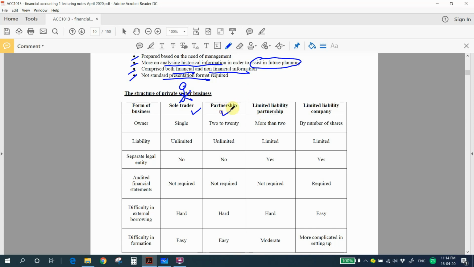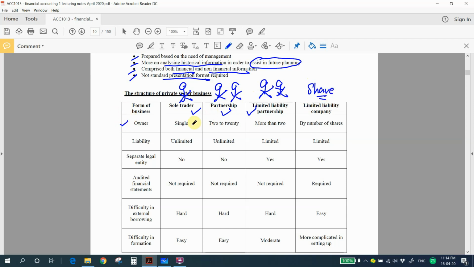For partnership, you have more than one, it means at least two. For limited liability partnership, similar to partnership, we also have more than one. And for limited liability company, we base on the number of shares. So let's go through one by one.